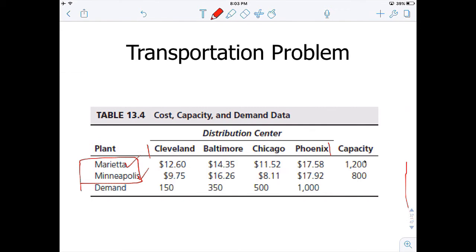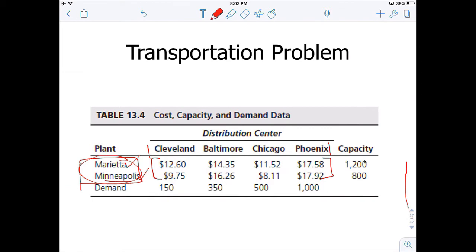Our problem is to figure out how much to ship from each of these plants to each of these distribution centers. What you see here are the unit costs for shipping one unit of item, whatever that item is, from Marietta to Cleveland, Baltimore, Chicago, and Phoenix, and from Minneapolis to Cleveland, Baltimore, Chicago, and Phoenix.